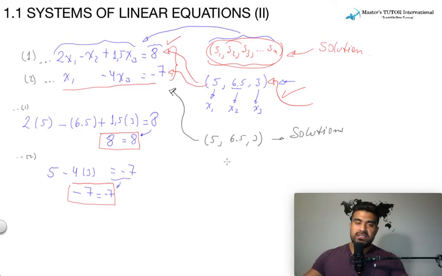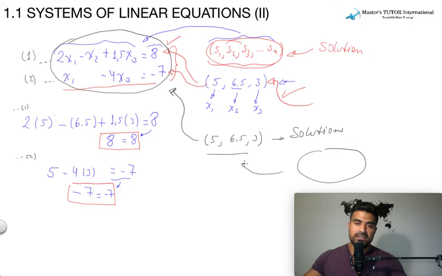When two systems of linear equations have the same solution set, then we say that the two systems are equivalent. This is one linear system, and if we have another linear system that also has the same solutions, then we say that these two linear systems are equivalent. This is just a name.